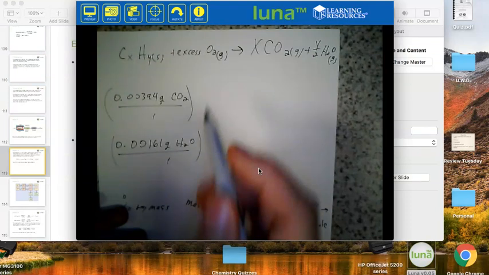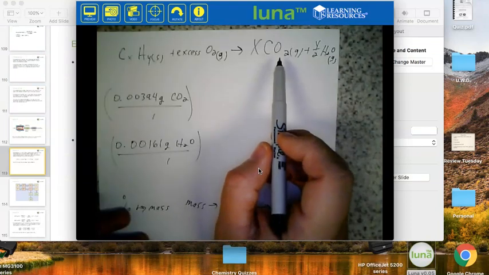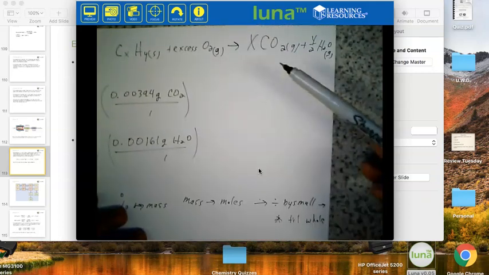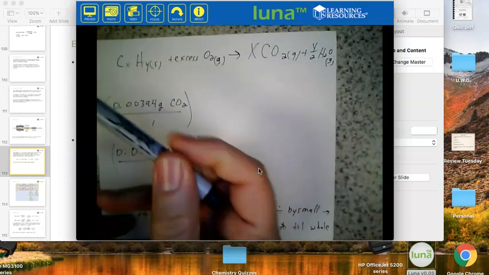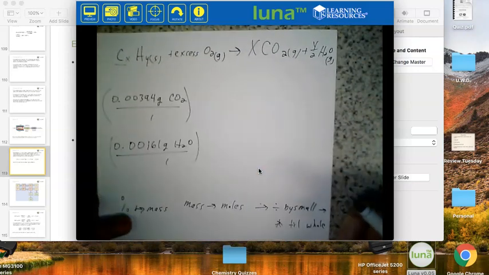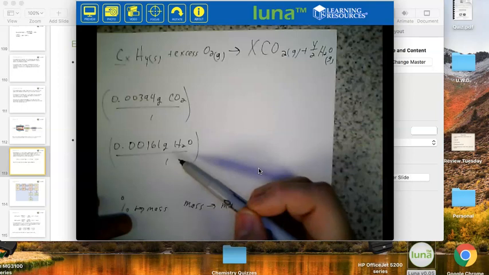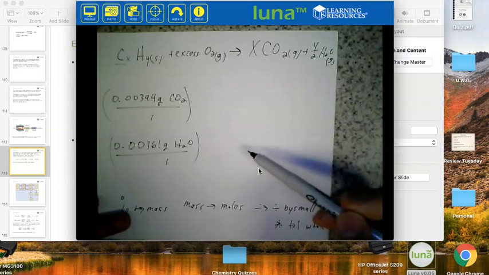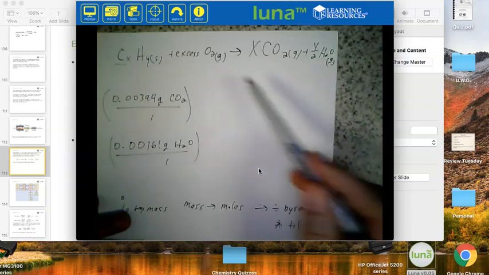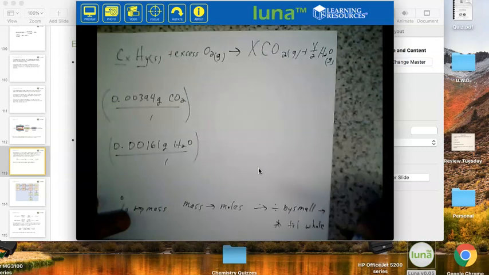So we need to go from mass of CO2 to moles of CO2, and then moles of CO2 to moles of carbon. And for water, same idea: mass of water to moles of water to moles of hydrogen. So that's our other part here.